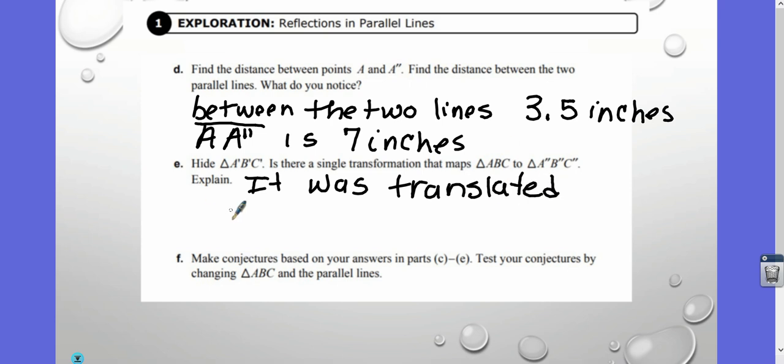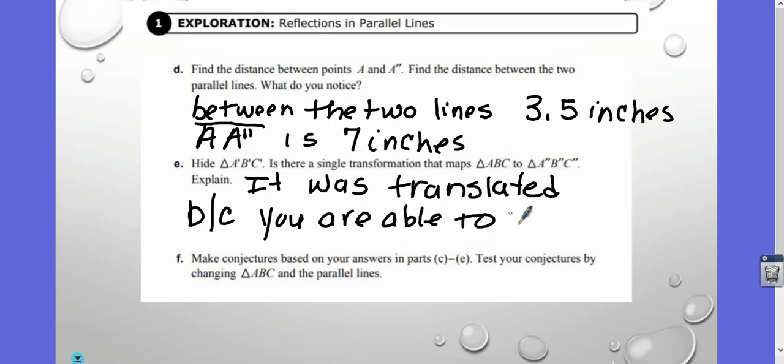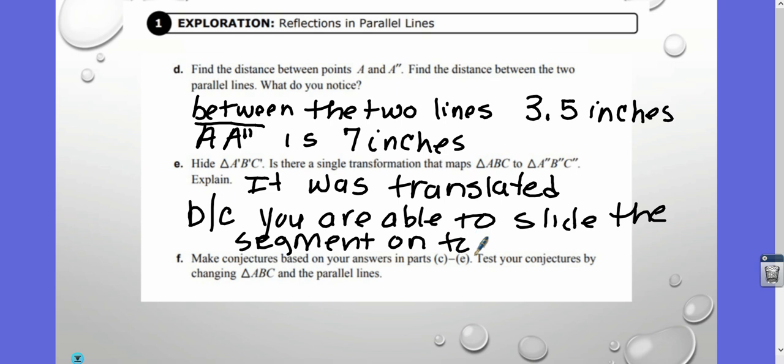And you say because you are able to slide the segment on top of the other.